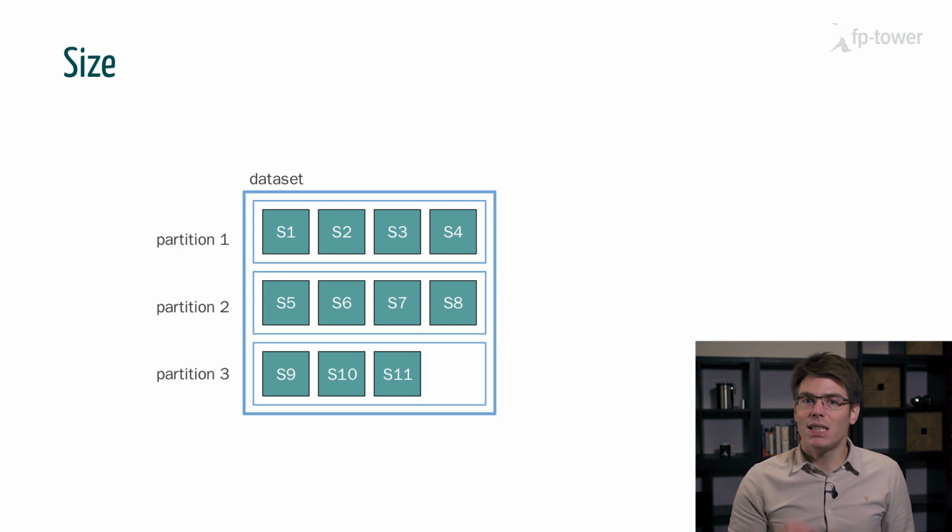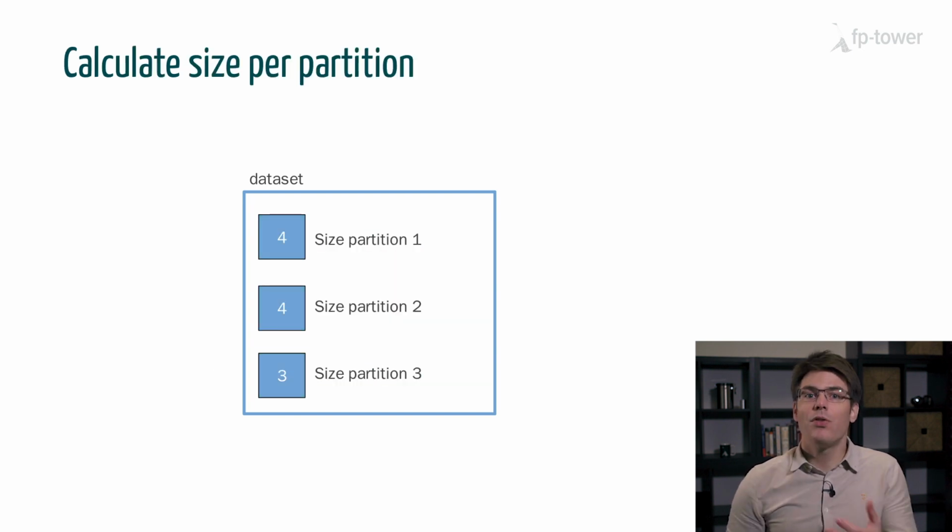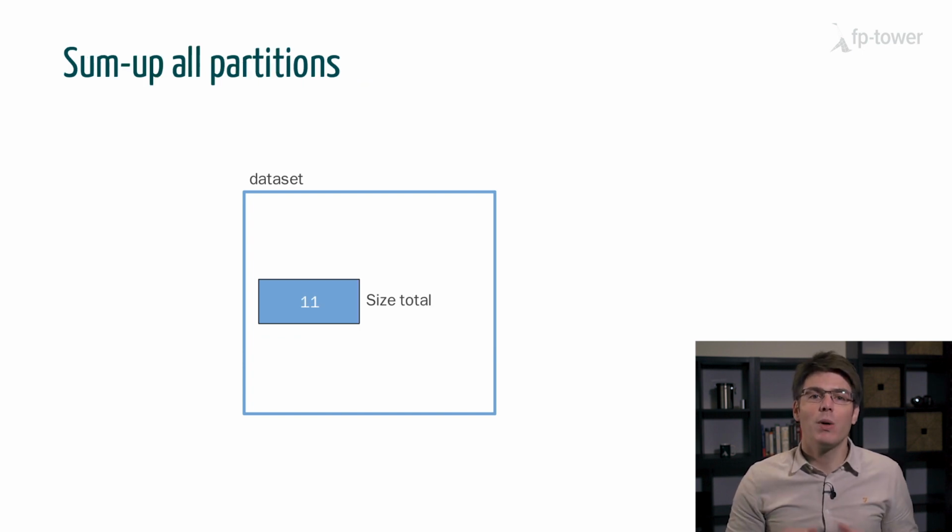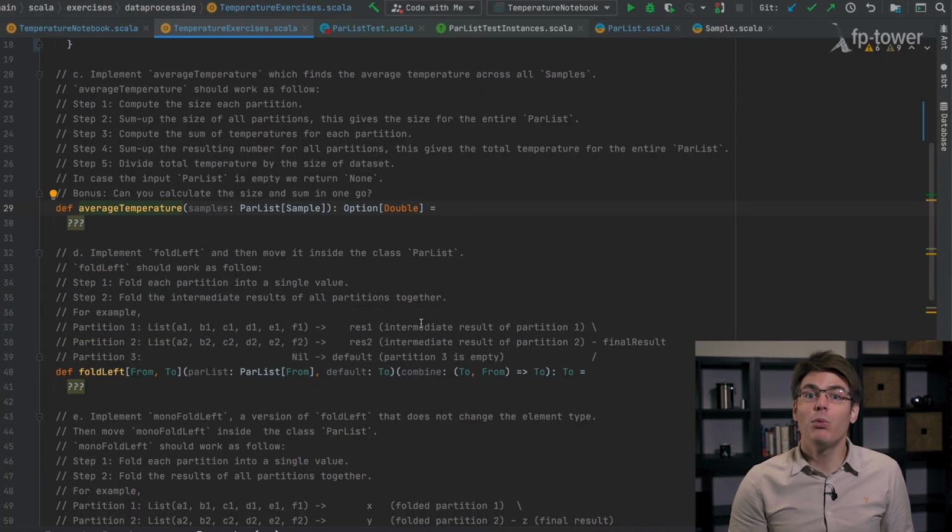Then we'll repeat the same process to calculate the size of the dataset. First, we'll compute the size of each partition, and then we'll sum up each intermediate result to obtain the total size of the dataset. Then, once we have the total temperature and the size, we can calculate the average by dividing the total temperature by the size. The only thing to keep in mind is that in case the parList is empty, we want to return none.